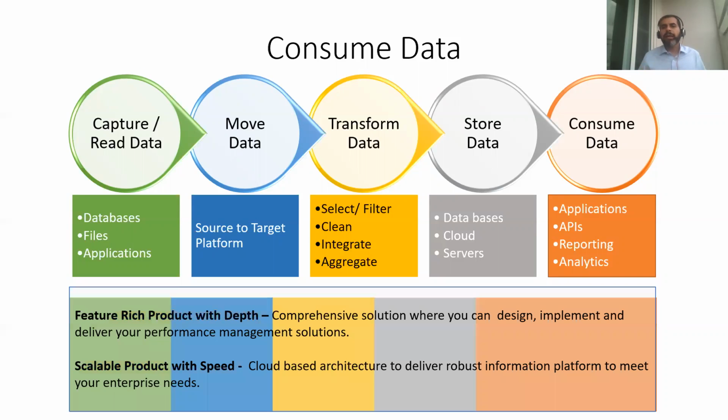And it's much easier if it's end to end, right? It's a comprehensive solution where you can design, implement, and deliver performance management right from getting the data, curating it, and making it ready for consumption. Or there is a speed or scale involved in there, and you can do it every day for thousands and thousands of users of your organization. So like that, you have to think through your key benefits.